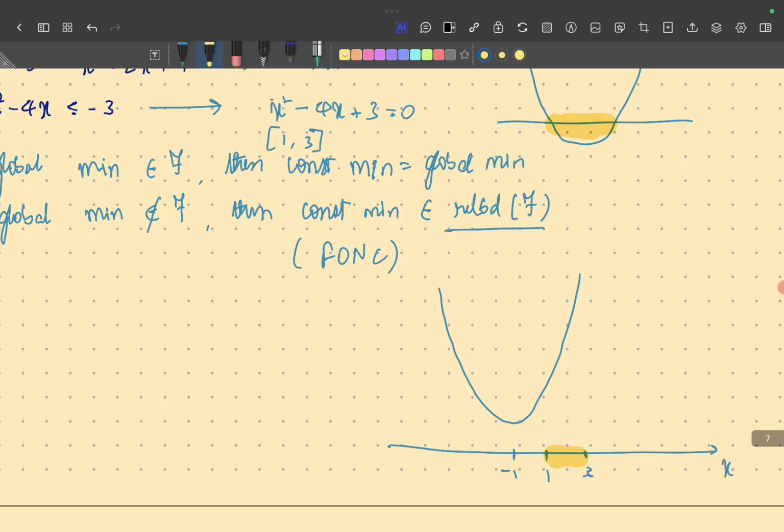So where do you think the minimum will lie? It has to be at x equal to 1 because it's a convex function and the constraint set is to the right of the unconstrained minimum. To the right of the unconstrained minimum, the function is increasing, and therefore the minimum value will occur at x equal to 1.